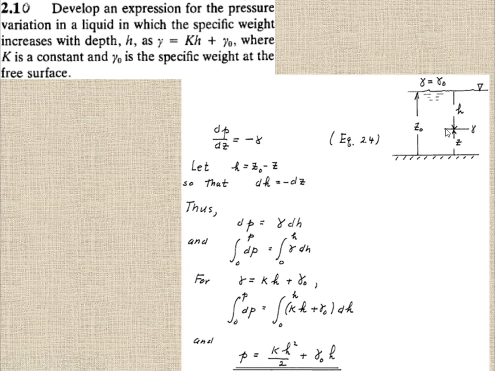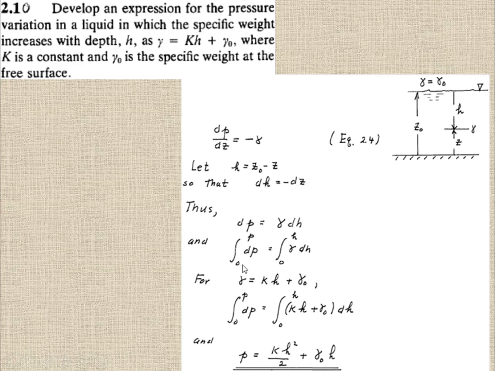So h is equal to z naught minus z, and if you take the derivative, dH is equal to minus dz. So replace here: dz is equal to minus dH. So minus and minus is going to be plus.